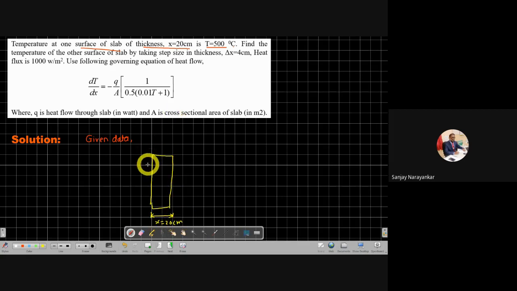And the temperature on this surface is 500 degrees Celsius. Find the temperature on the other surface. So we have to find this temperature over here. Let's say this is T0 and this is T1 on the other side. Through this, there must be a drop in temperature.